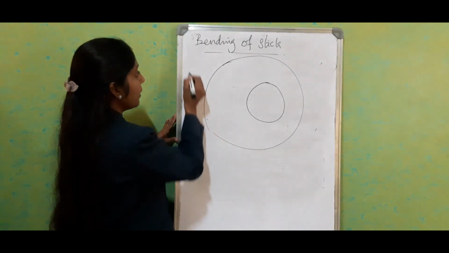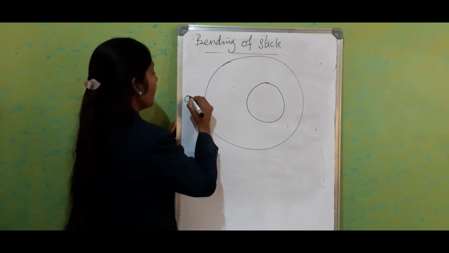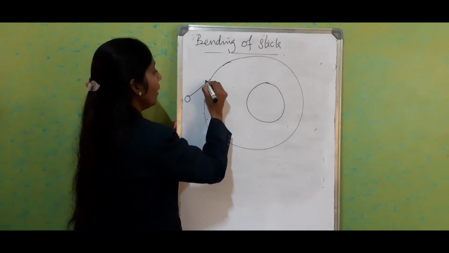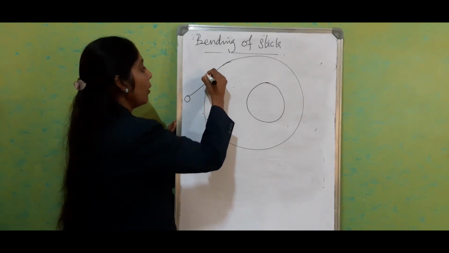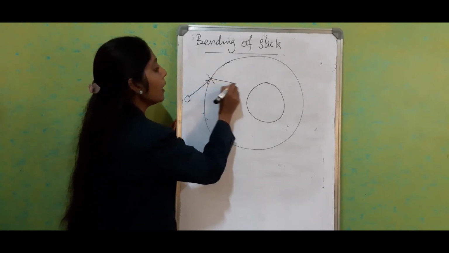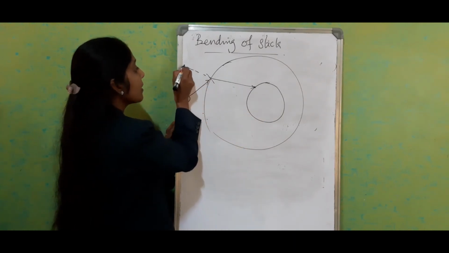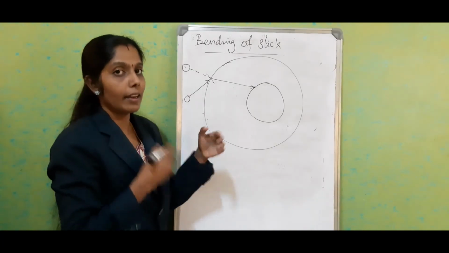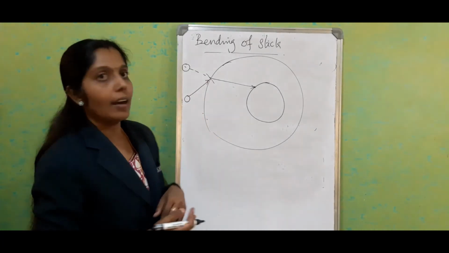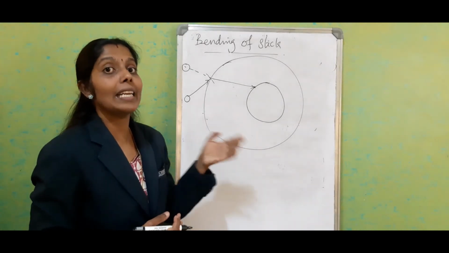Just imagine that actually the sun is here. The rays will fall over here as they are traveling from rarer to denser medium, so they bend towards the normal. So the person who is standing here will feel like the sun is here. This is another application of refraction in day-to-day life: early sunrise and late sunset.